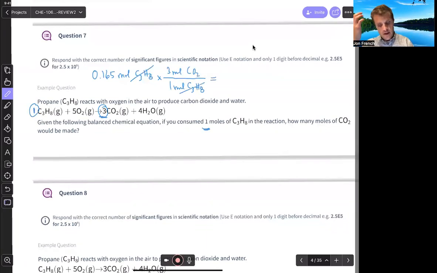So that cancels out. Everyone's numbers will be slightly different, but the steps would be the same. So 0.165 times 3, and I get about 0.495 moles of CO2 in that reaction. So mole to mole, just using the mole ratio.